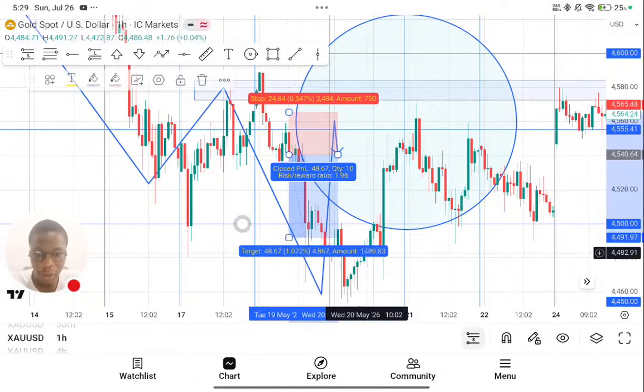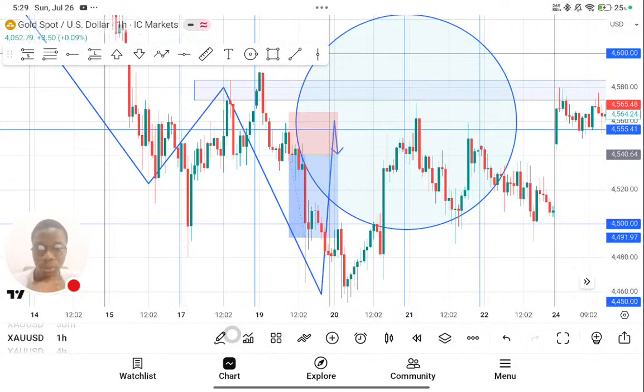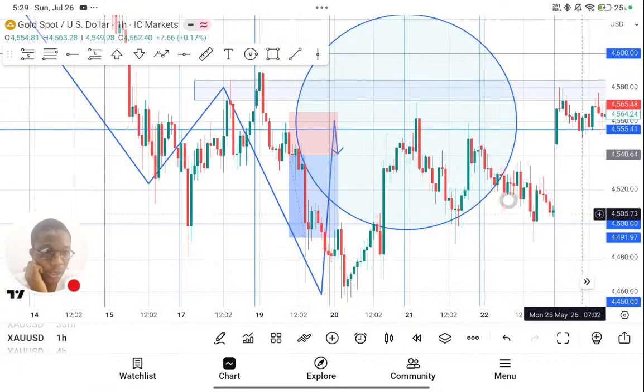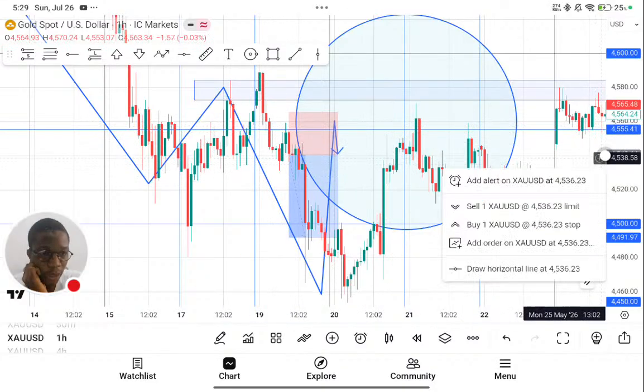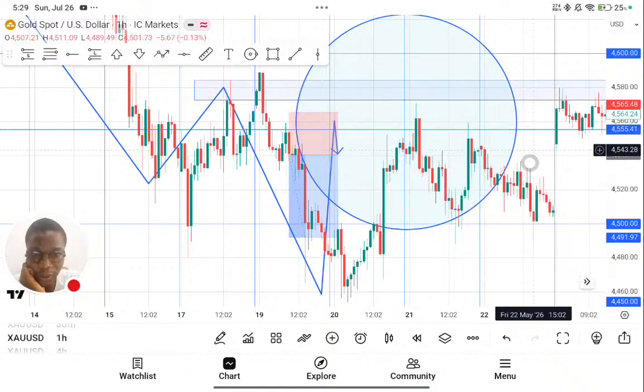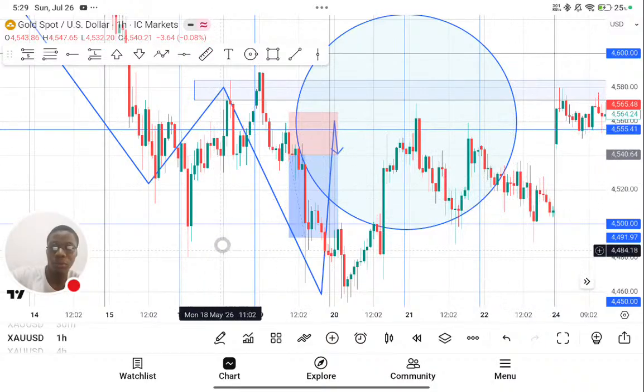You would have gotten your target here. You understand how it works? Because this here is a significant zone. 4,000 is on our zone, 4,550 is a range.